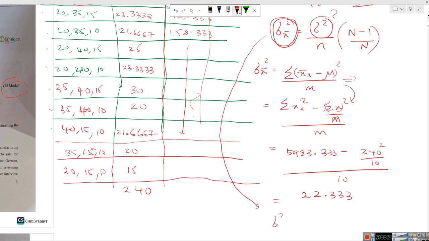Now in this equation we are going to substitute this one, right? So sigma square is equal to n sigma x bar square into n divided by n minus 1. Now if you substitute this, this n is 3, and this one is 22.3333, into this n is 5, divided by 4. Now if you simplify this, let me check if I also get the correct answer.